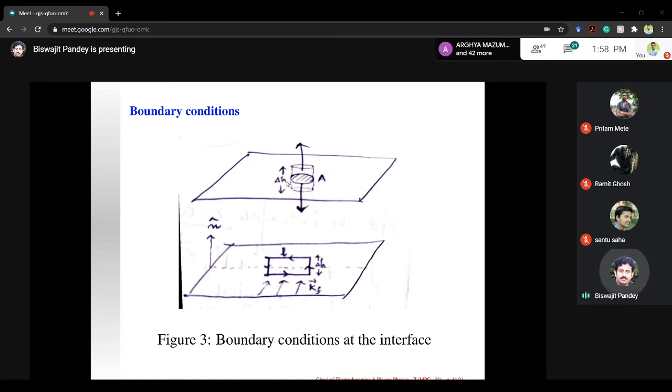So the only contribution that will matter is the top surface and the bottom surface.